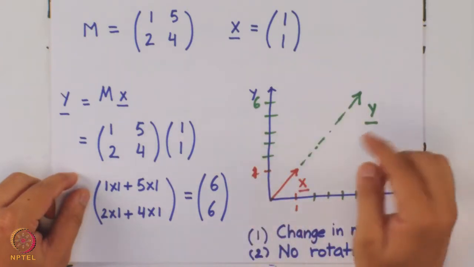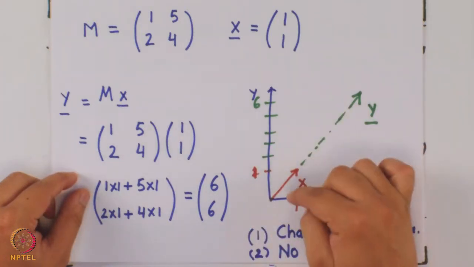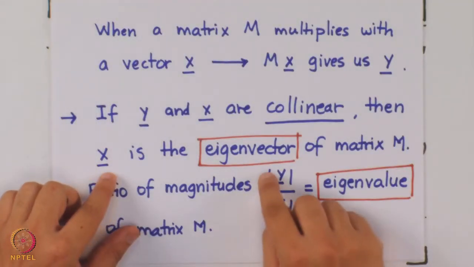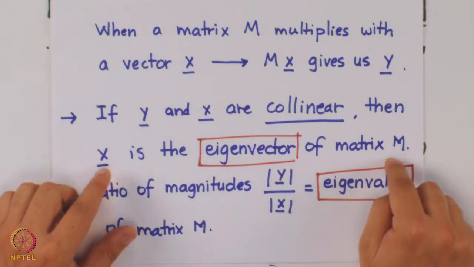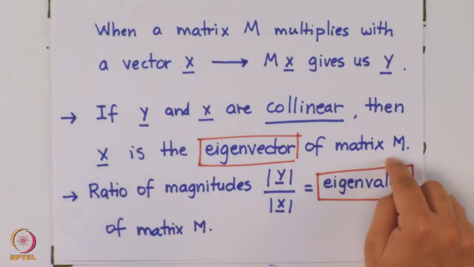If there is no rotation between y and x, then x is said to be the eigenvector of matrix M. An eigenvector represents a direction in which, when any vector in that particular direction is multiplied with the matrix M, there is no rotation and the resultant vector is collinear with the direction that you had started with. Okay.